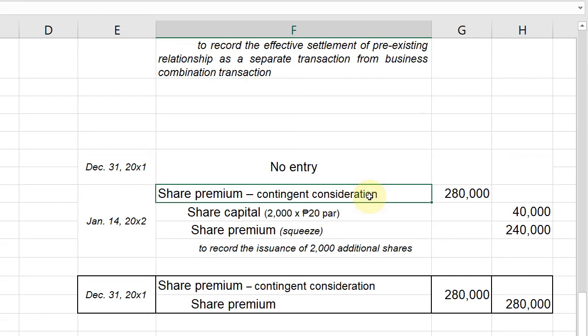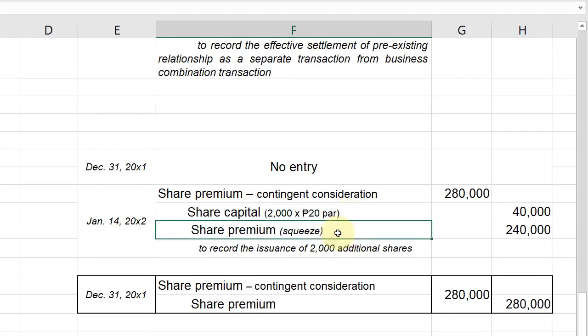Then, you now recognize the additional shares of 2,000 kasi magbibigay daw 2,000 times 20. Okay, you get 40,000 as share capital and then the share premium squeeze na lang. Okay, so you have 280 minus 40,000 na share capital. You get 240 na share premium na matitira.